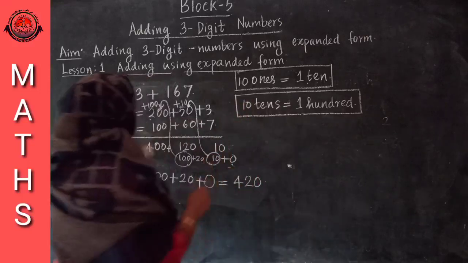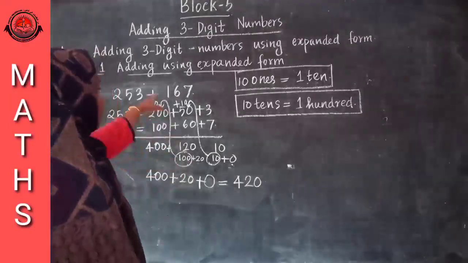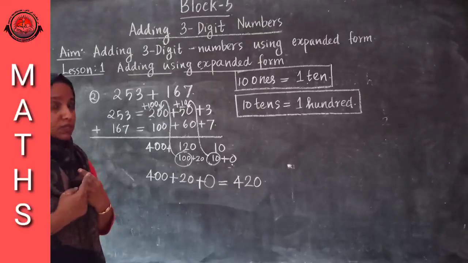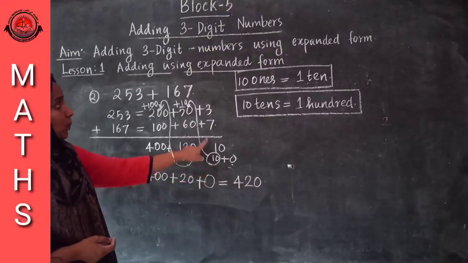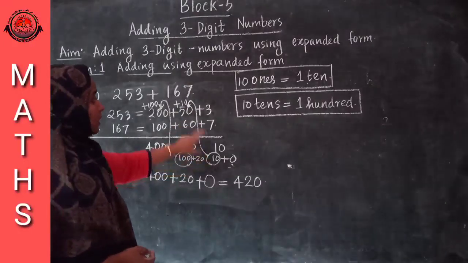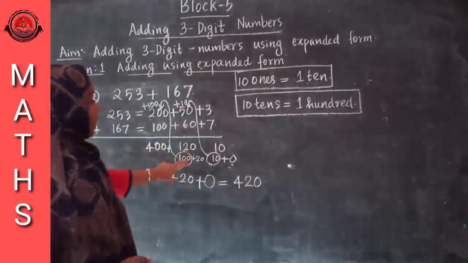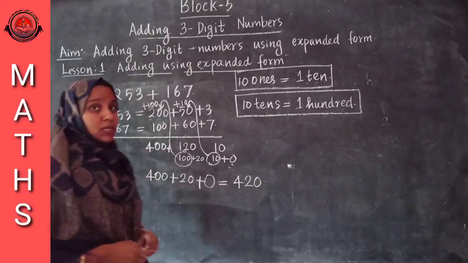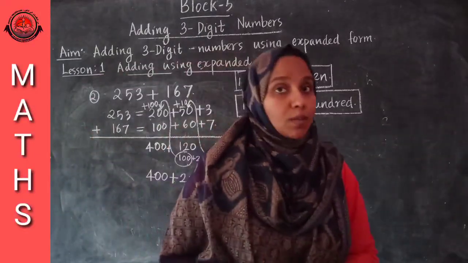So in this problem, 2 regroupings come. What are the regroupings? Regrouping of the ones, where this 10 is regrouped into here, and here also one regrouping comes. Does regrouping come every time? No, sometimes only.